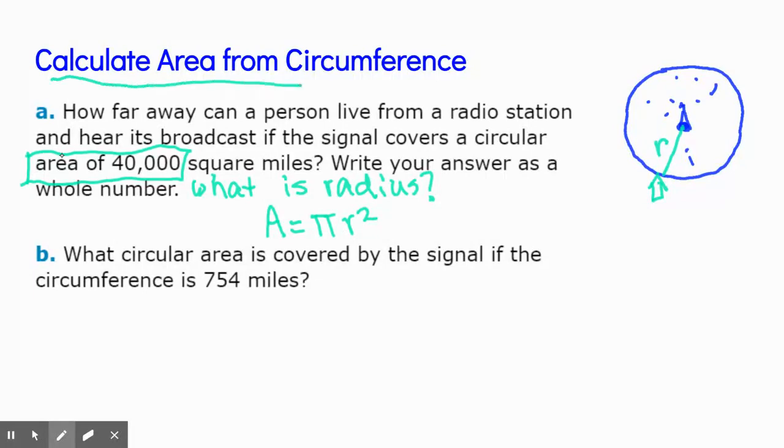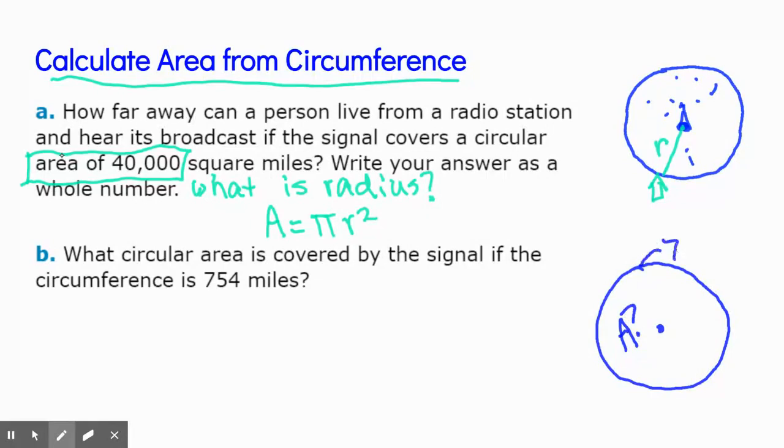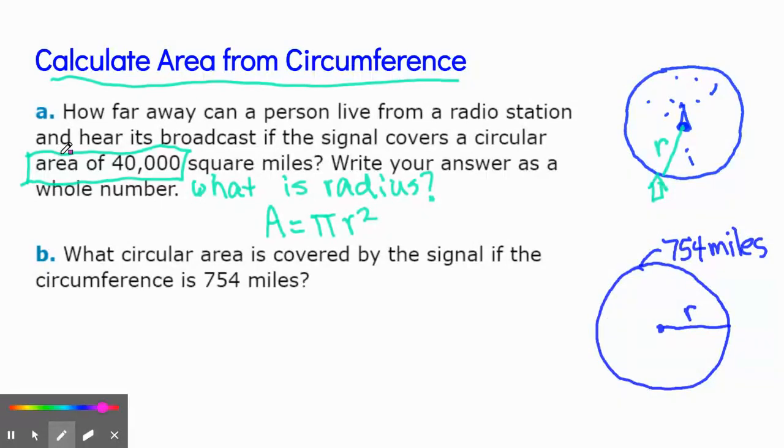Now we can calculate area from circumference down here. What circular area is covered by the signal if their circumference is 754 miles? Okay. So this is my multi-step problem right here. So we need to figure out the area. So what do we need for the area? We need the radius, right? What can we figure out from 754 miles? Well, we can figure out the diameter.